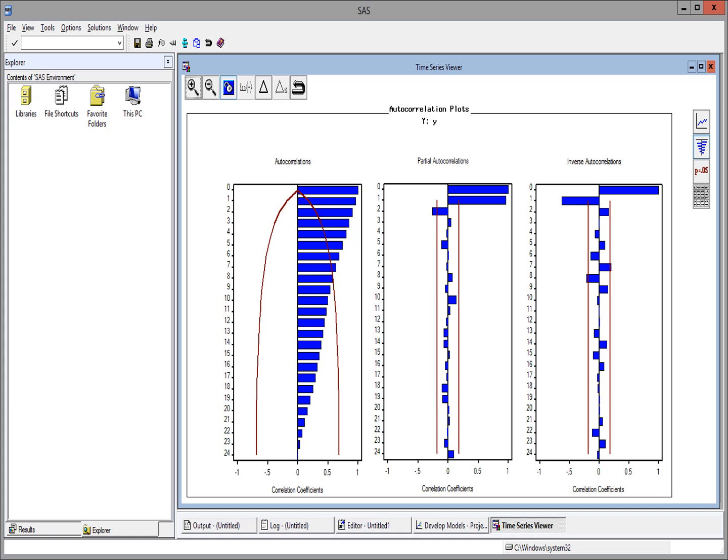This is the same plot as before, just now I want to call your attention to the leftmost plot, which is the autocorrelation plot. The middle one is called the partial autocorrelation plot, so we can see what those are. It's always going to be 1 for lag 0. And then it's very close to 1 for lag 1.